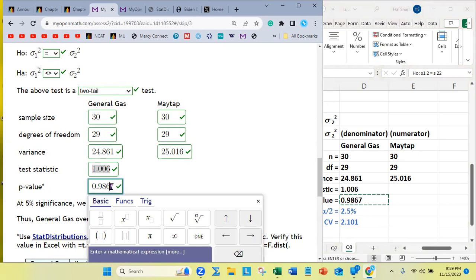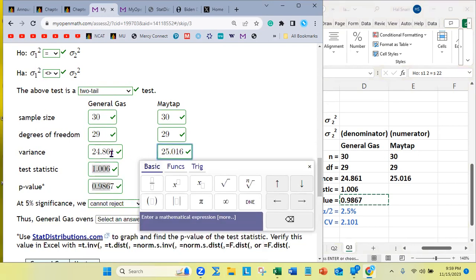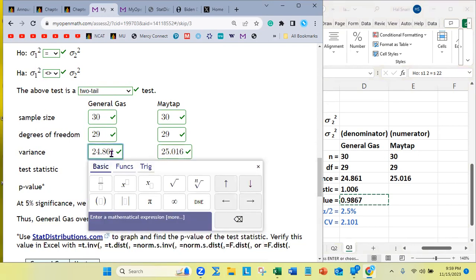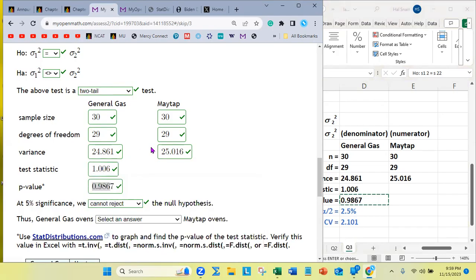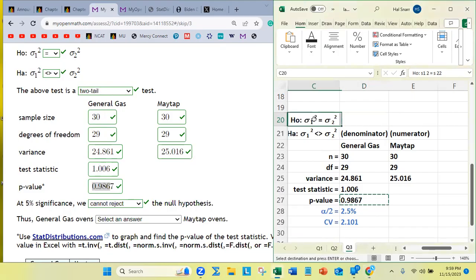So as this p-value gets bigger, this difference gets smaller, or their ratio gets closer to 1. So what we're concluding here is that the variances of these two manufacturers are probably equal. That's why we cannot reject the null hypothesis. Our evidence is saying these two are equal because their difference is close to 0 and their ratio is close to 1, right?